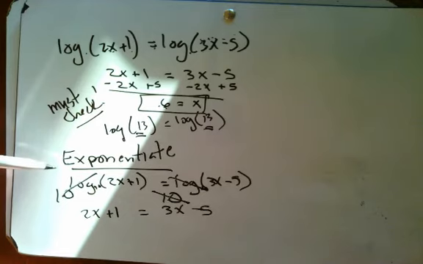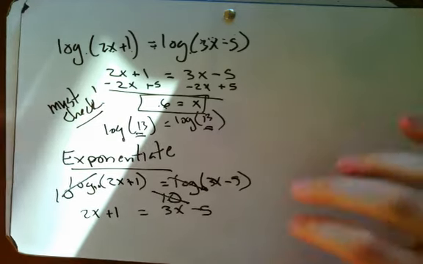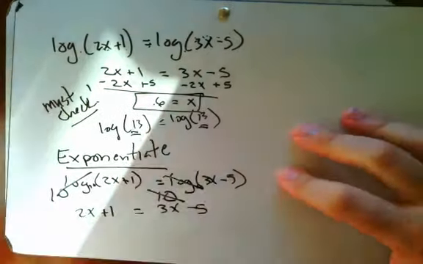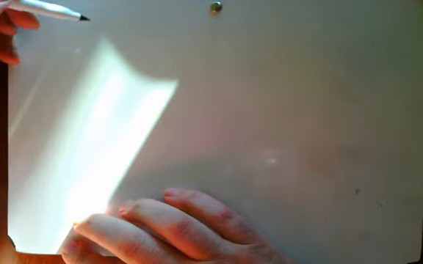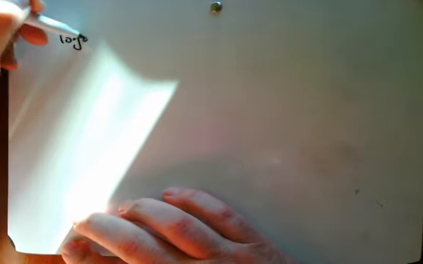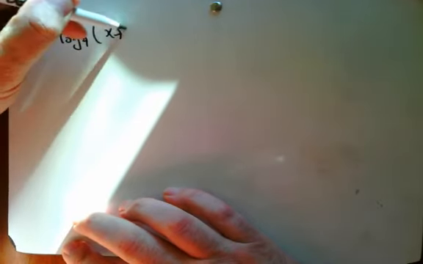Now, I know it feels like the one-to-one property is much faster and simpler. Why do I want to do this exponentiating thing? Well, I'm just going to say that exponentiating is much more common for where we're headed in the next few days, and so I thought I would show you both today. Okay, so let's do some more of this solving. And I don't particularly care if you're thinking about it using the one-to-one property or if you're exponentiating.